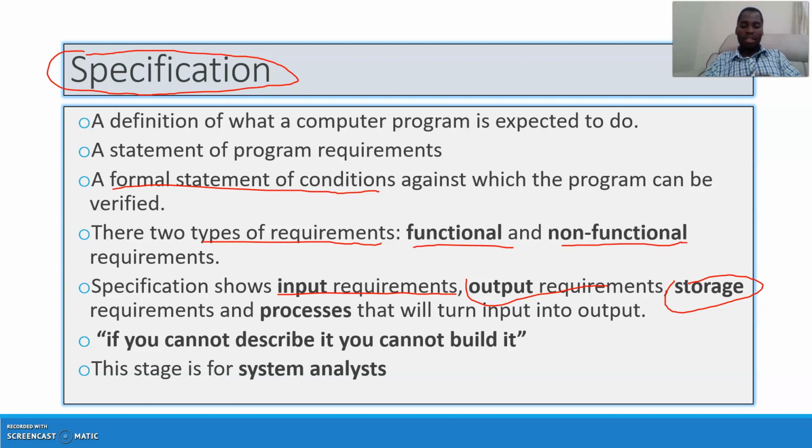So the process requirements are also indicated under specification. So we are saying, if you cannot describe it, it means you cannot build it. So before you start building software, the first thing is you should be able to describe it. You should have statements that describe the problem you want to solve. Then you can start building.